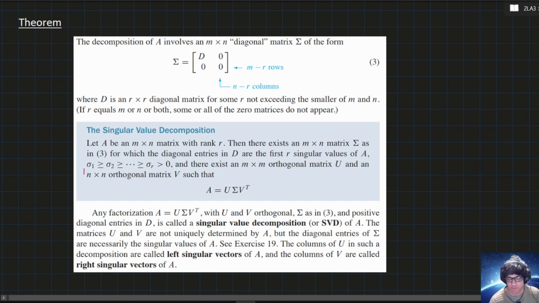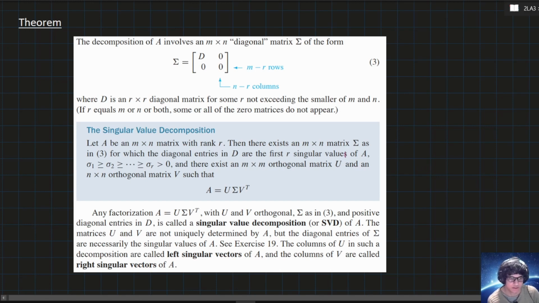If they were possibly complex numbers, we wouldn't be able to order them like this. We also know they're positive, so the non-zero ones are greater than 0. And like before, we have an m by n orthogonal matrix U and an n by n orthogonal matrix V that complete the factorization like this. So that's the statement of the theorem that these things do exist.